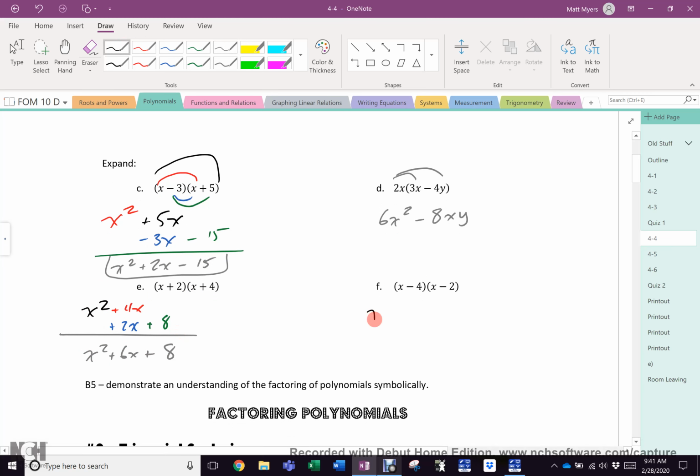And finally, x squared minus 2x minus 4x plus 8. X squared minus 6x plus 8.